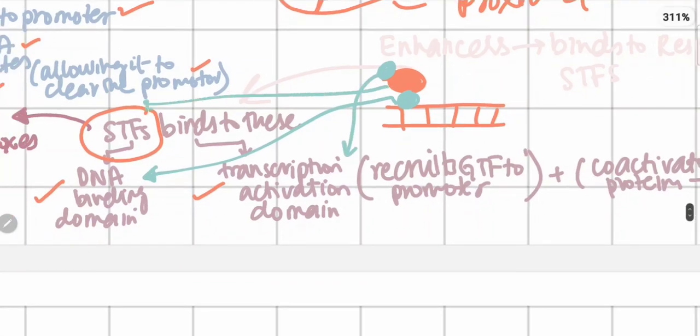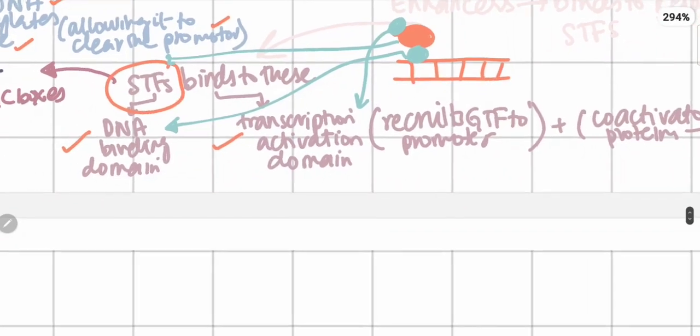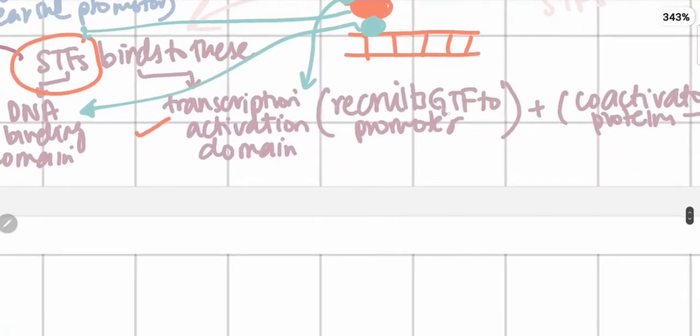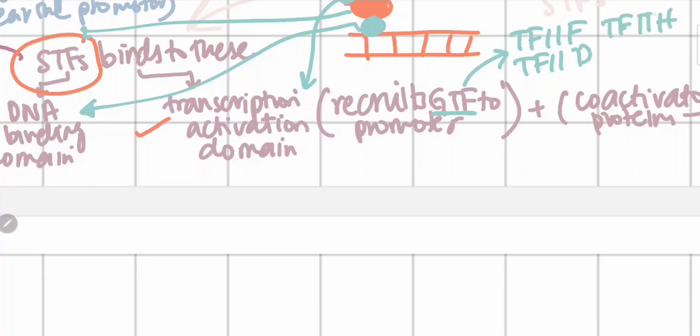And this is the STF. So the transcription activation domain recruits GTFs, the major ones: TF2F, TF2D and TF2H, right?